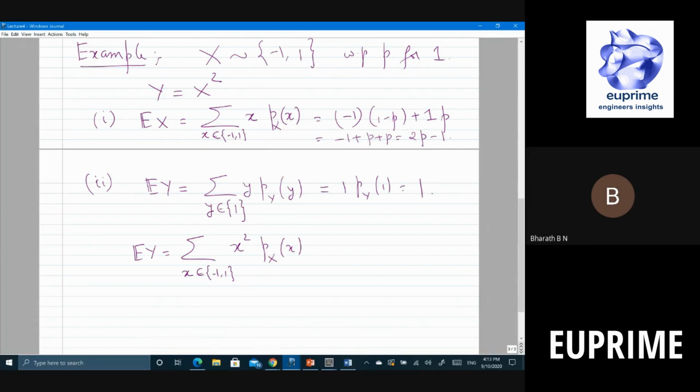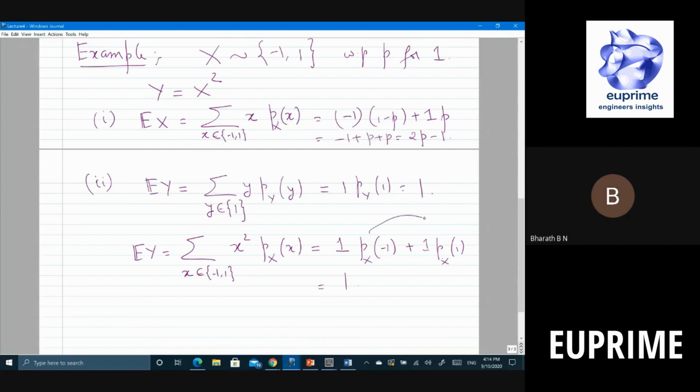Is this fine? Okay. So now, minus 1 squared is 1, times the probability of x being minus 1, plus 1 squared is 1, times the probability of x being 1. So which is 1, right? You get the same thing.